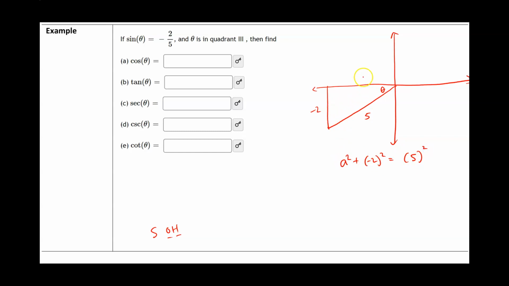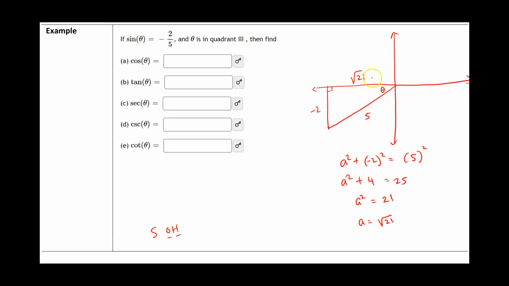Now remember, it doesn't matter what a and b are because we're just adding them anyway, but c always has to be the hypotenuse, which is opposite the right angle. So we're going to have a squared, negative 2 squared is 4, 5 squared is 25. Subtract 4 from both sides, we get a squared equals 21, which means a is going to be, we know we get a plus or minus anytime you square root a variable, but because distance can't be negative, a is going to be radical 21.